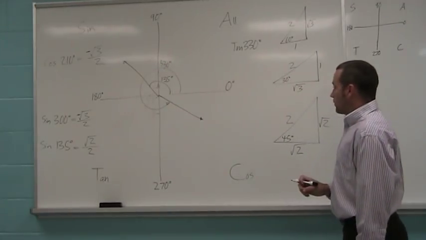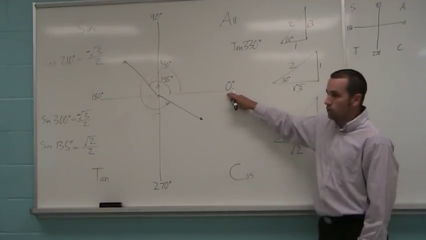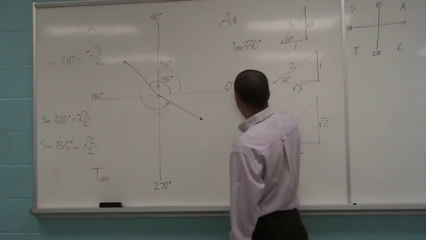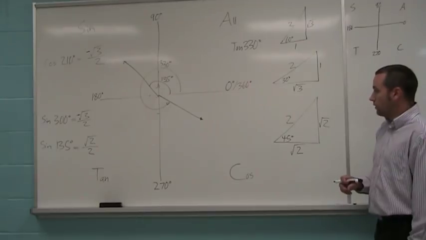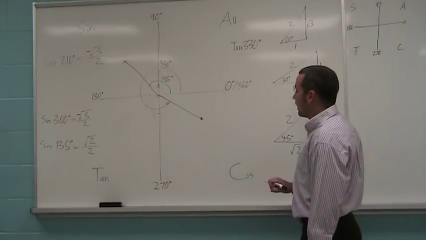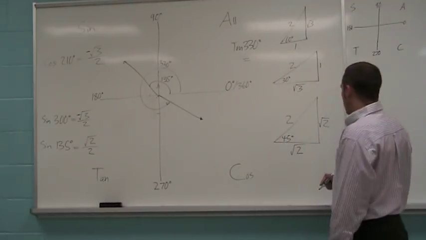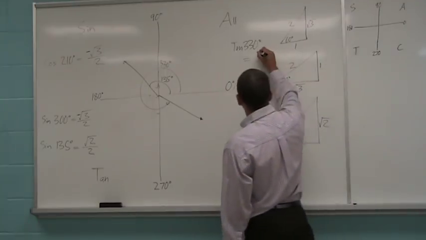So what we're really referencing is, how far is 330 degrees away from 0? Well, it's 30 degrees away from 0. The alternative is you can think about this as 360 degrees. We have another 30 degrees to get up to this line, so we're really looking at the tan of 30 degrees. So 30 degrees, the tan is 1 over square root 3.